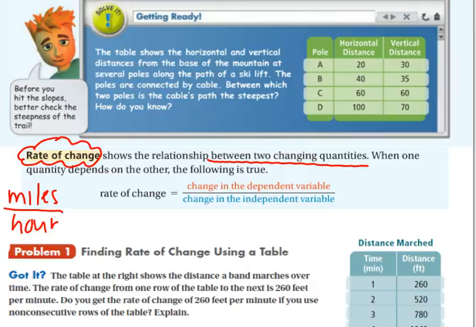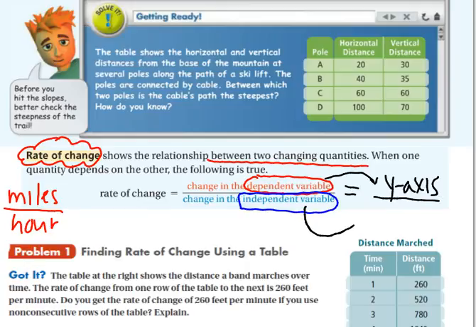A way you can think of this, guys, is the change in your dependent variable over the change in your independent variable. Since we're so smart, we know what these mean graphically. Typically, our dependent variable would be whatever our variable is on our y-axis over whatever the variable is on our x-axis.